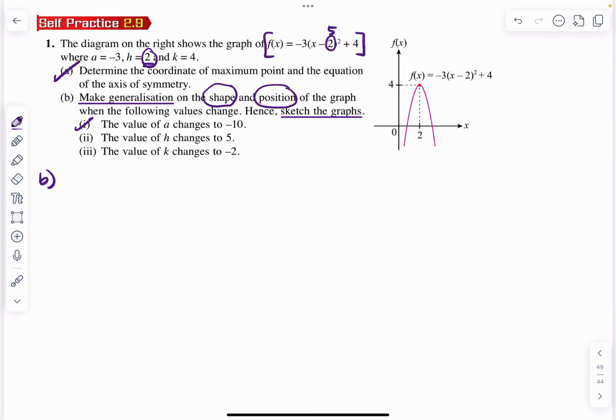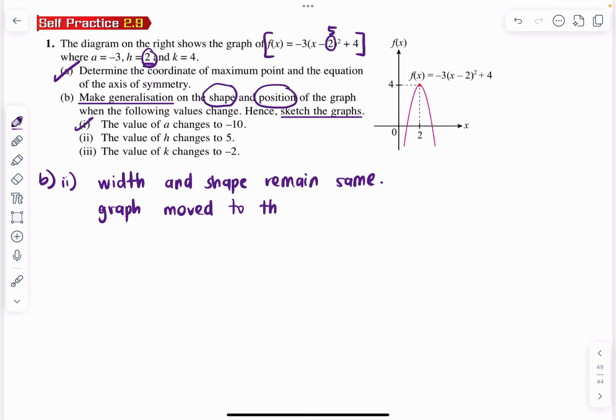So we can say, width and shape remain same, but graph moved to the right. It moved from 2 to 5, somewhere here. This will be our new max point.